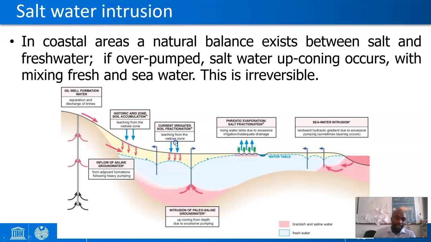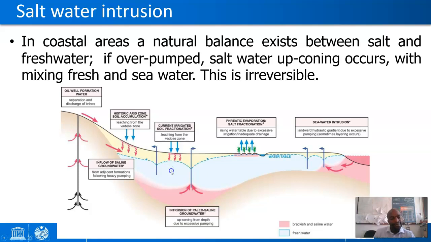There can also be anthropogenic sources of salinity from things like irrigation as well, which then eventually finds its way into the groundwater.